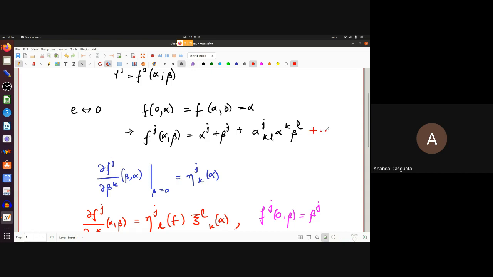Of course, there will be higher order terms as well. But the important thing is no pure alpha terms or pure beta terms beyond these two.